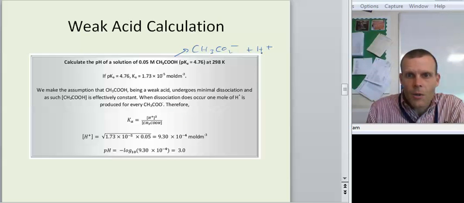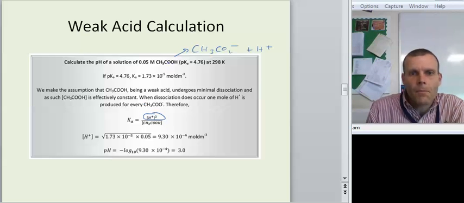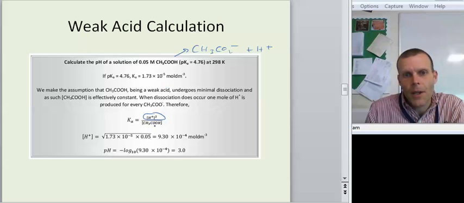So in other words, these must be the same, which means my top is H plus squared. But I can assume that, because it's a weak acid, very little of this actually dissociates. So the concentration of the equilibrium amount of this will be the same as it was at the start. So that's a key assumption that I have to state when I do these calculations. And then I can work it through.